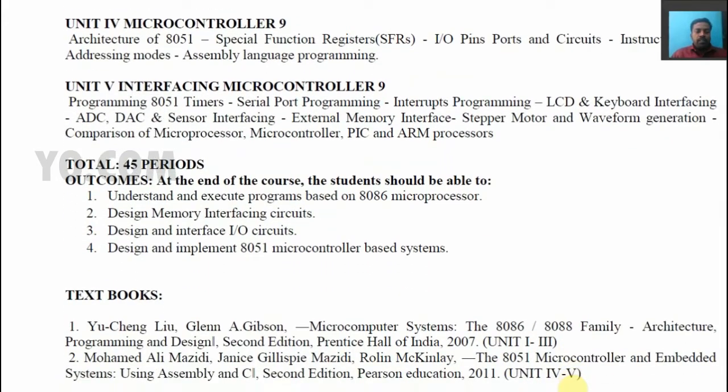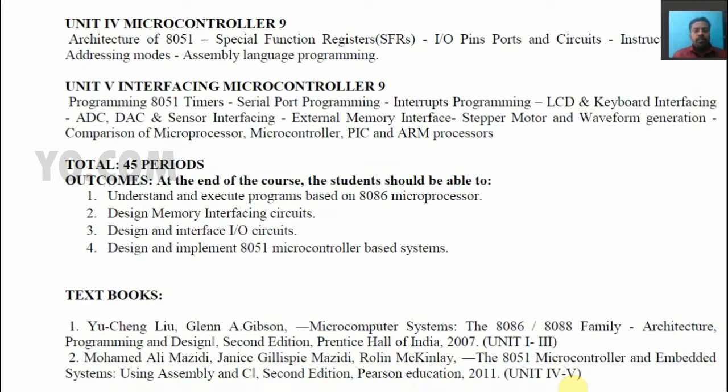After this subject you can understand the following things. The students can understand and execute programs based on the 8086 microprocessor. That is the outcome of this subject. So at the end of the course the student should be able to understand and execute programs based on the 8086 microprocessor.